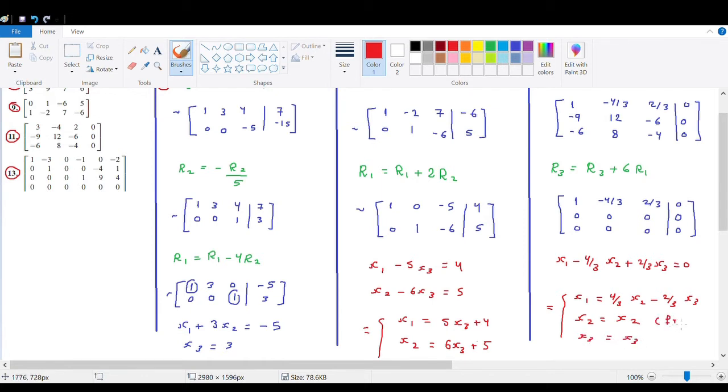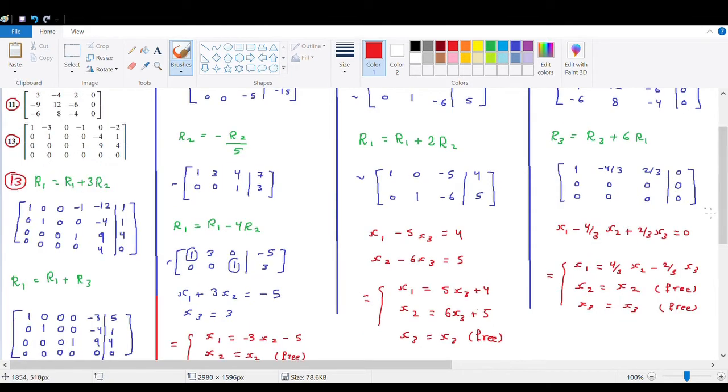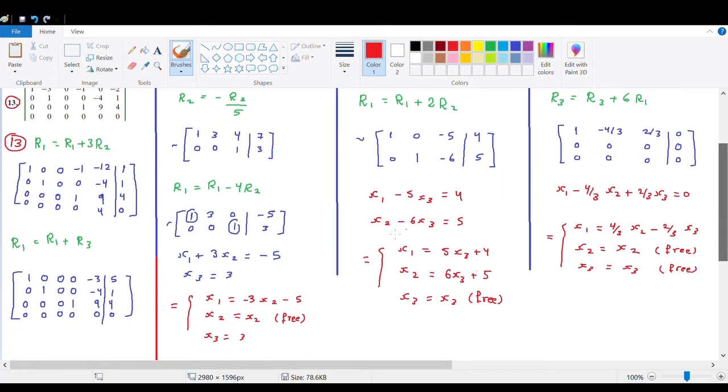We can write it here, it is free, and this one also free. So this is the general solution for the matrix in exercise number 11. Let us do number 13. So for number 13, row 1 is equal to row 1 plus 3 row 2, we get this matrix.